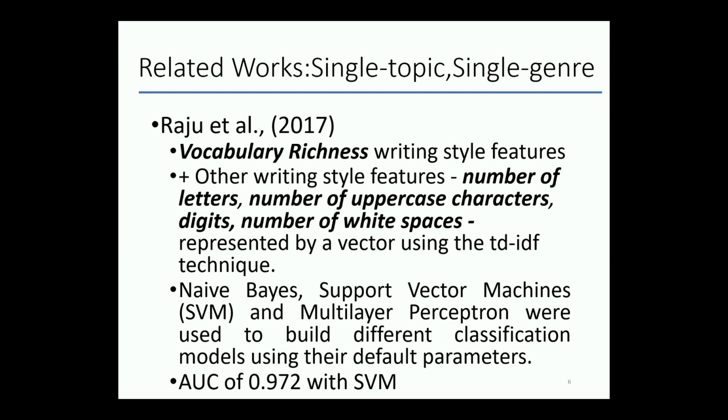In this case, he represented the features using a vector, with the TF-IDF technique. For the classifiers, Naïve Bayes, support vector machine, and multilayer perceptron were used to build the classification models using their default parameters. For evaluation, they found that an area under curve, AUC, of 0.92 was the best, with the SVM model.